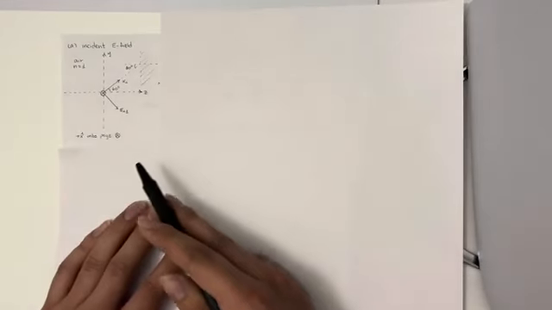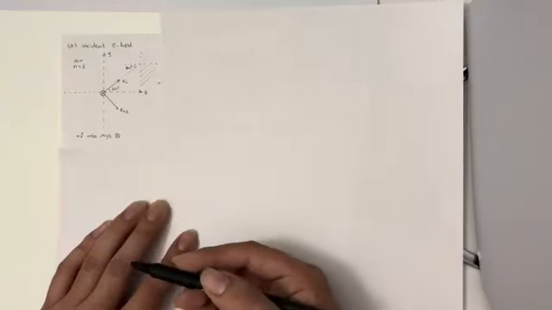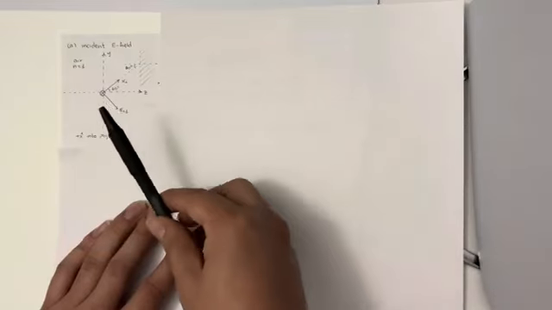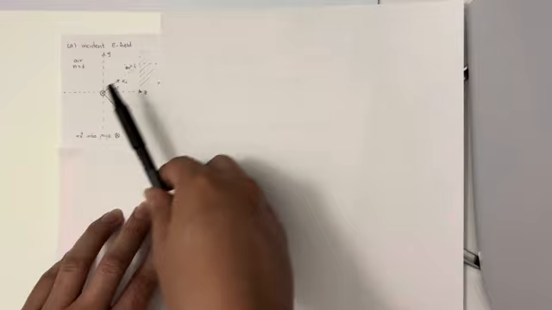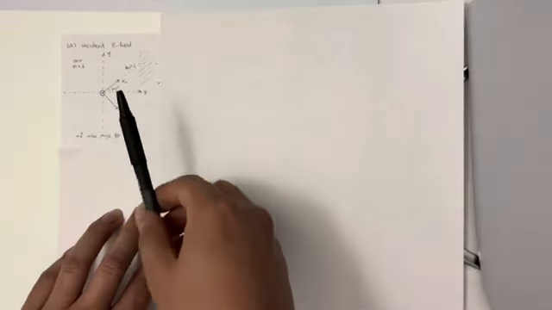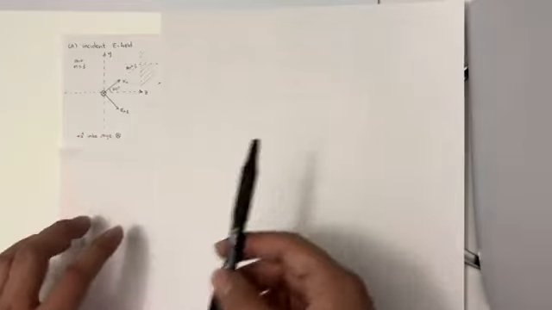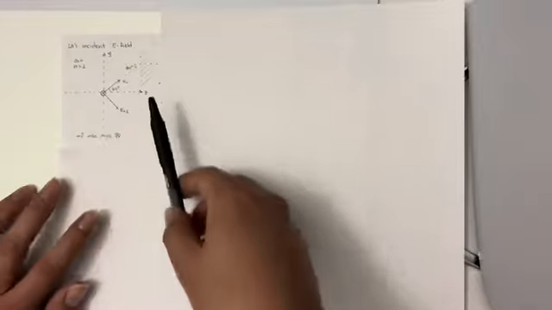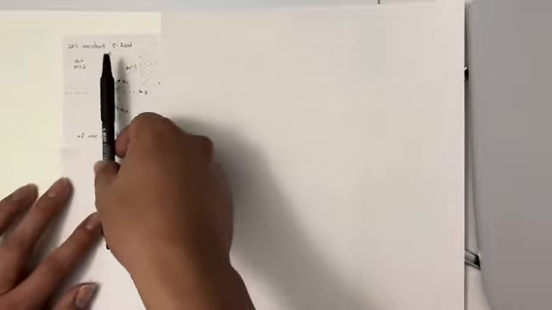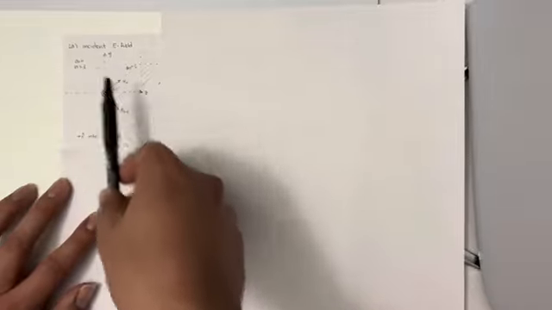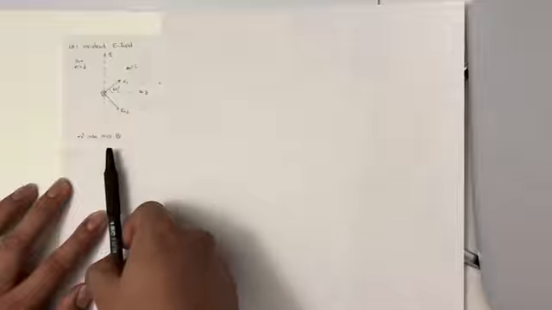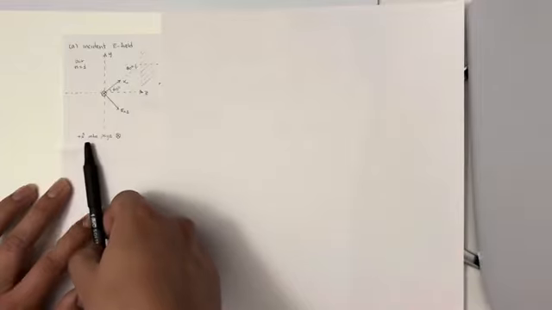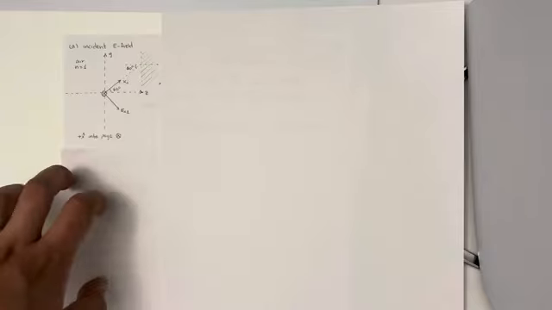So for part A, we need to find the incident E field. I already drew the graph and the axes and which direction the E field goes. To simplify, the main graph we're dealing with is the Y and Z axes. We know that the X axis is into the page.